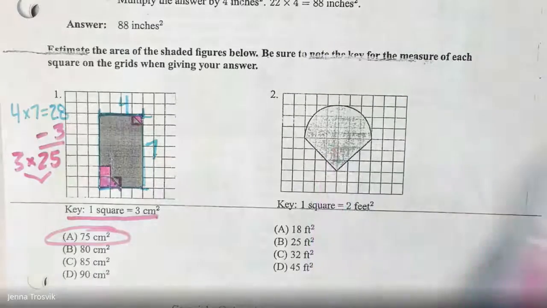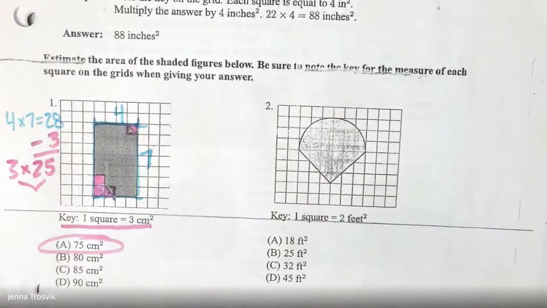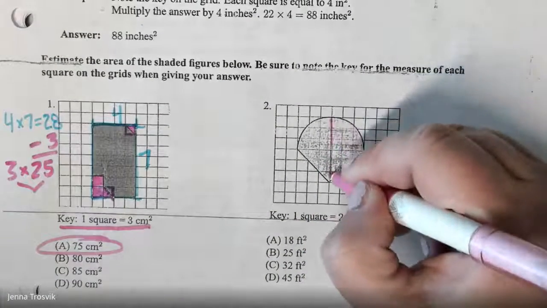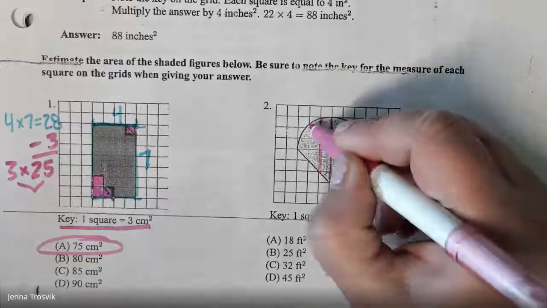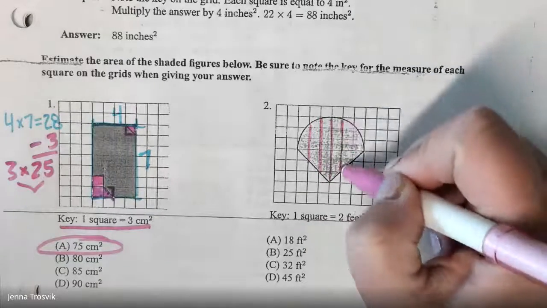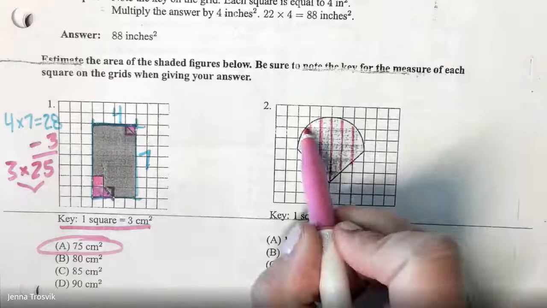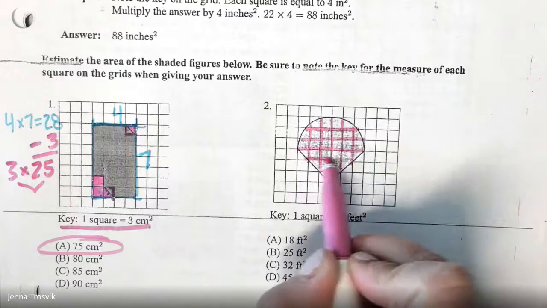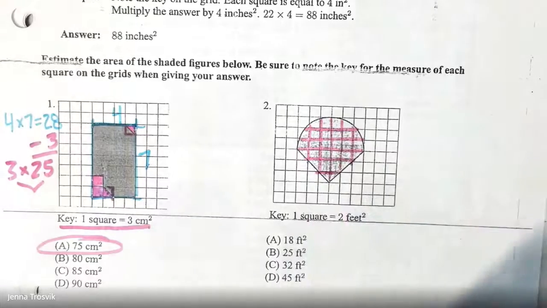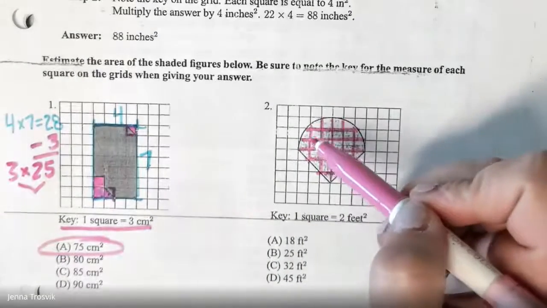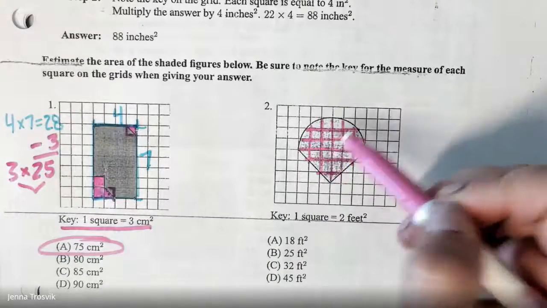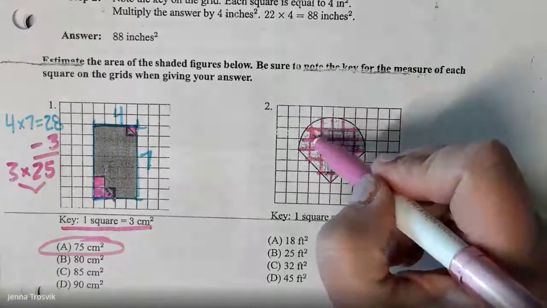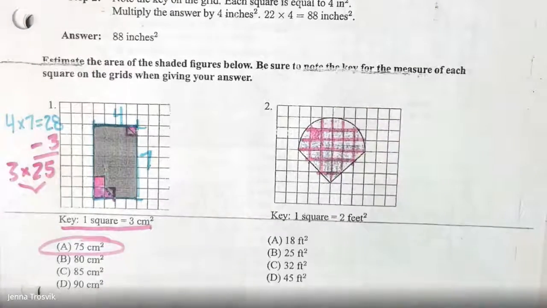Okay, now the second one I'm going to do a little bit differently. I'm going to actually draw in all of these lines that you guys can't see very well. And then we're going to just pick out all of the full squares that we have, and we'll approximate from there. So I'm going to just start shading in all the full square units that I do see inside my shape. So I have 1. I'm actually going to use a different color so you can see it better.